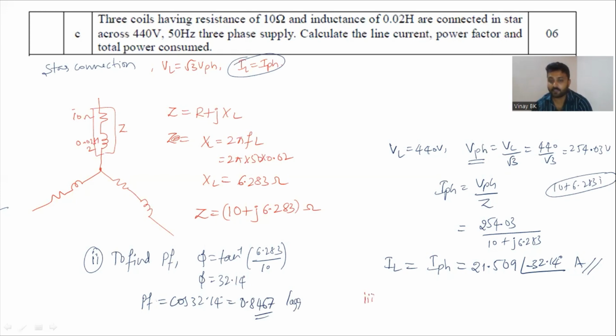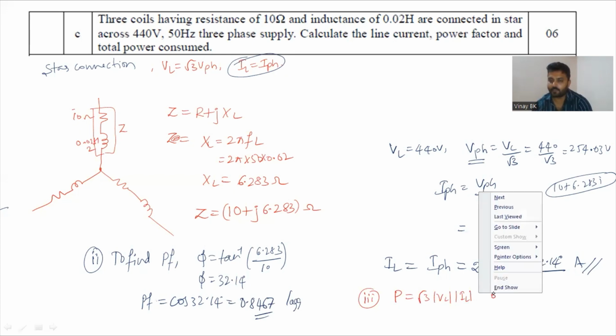Remember, power is a scalar. P is given by modulus of V into modulus of I into cos phi. Sorry, it is a three-phase, so you should write power is given by root 3 into VL IL cos phi, that is root 3 into modulus of VL, modulus of IL into cos phi.